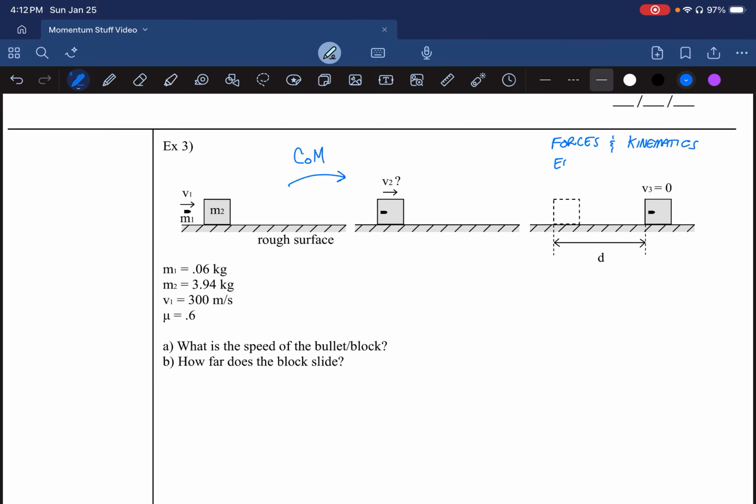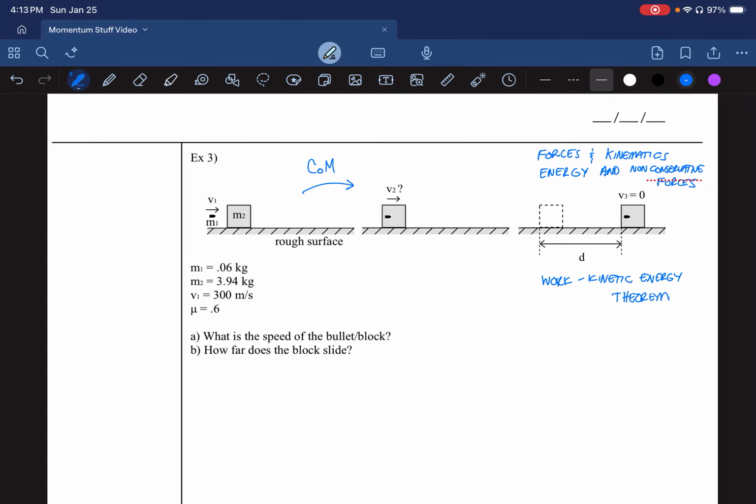So we could use energy and non-conservative forces. But the way I'm going to do it in the video is the work kinetic energy theorem, which is essentially the same as the energy non-conservative path.